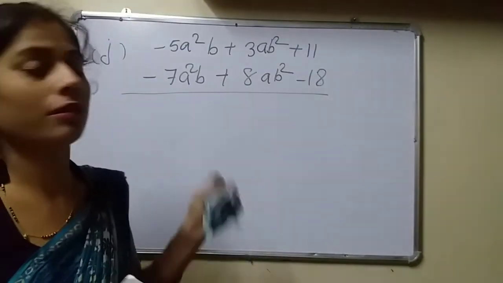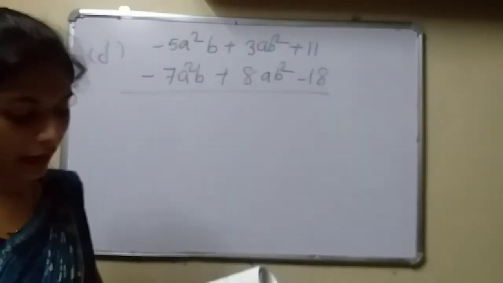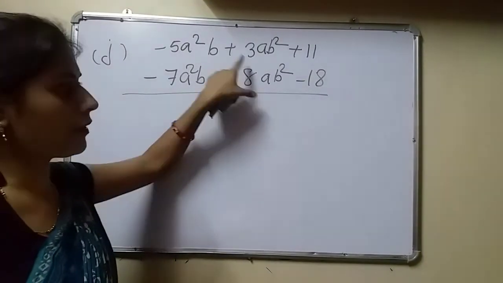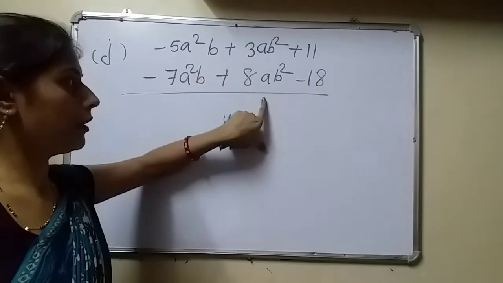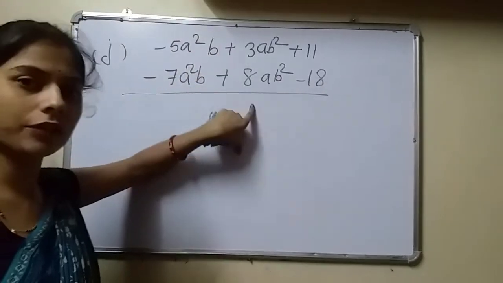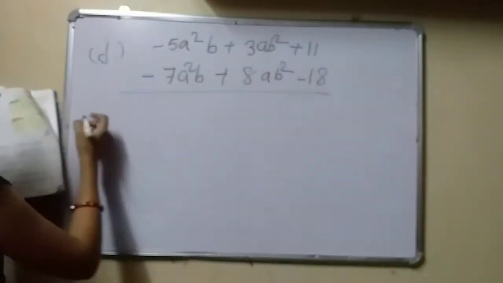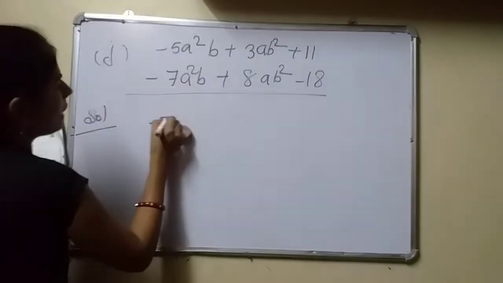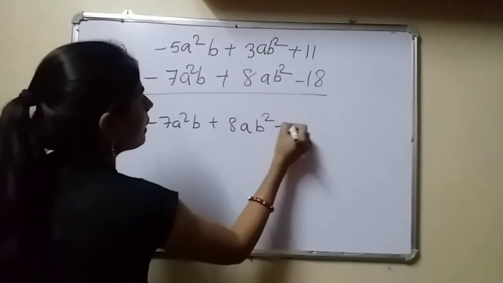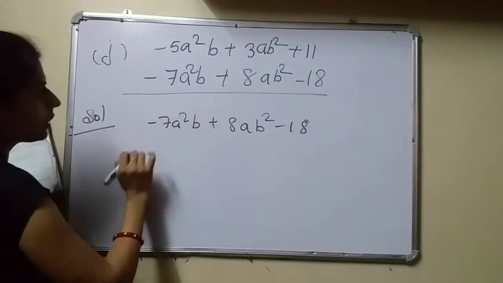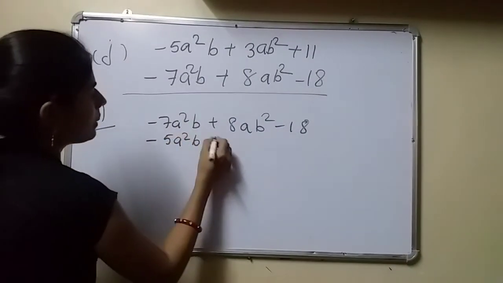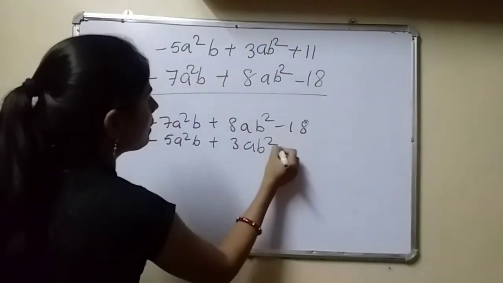See, this is your question number J. But see here one hint is given in J, K, L: subtract the second expression from the first. So the second expression you have to write in the first place and the first expression in the second place. Okay, so solution, minus 7a square b plus 8ab square minus 18. Okay, then minus 5a square b plus 3ab square plus 11.